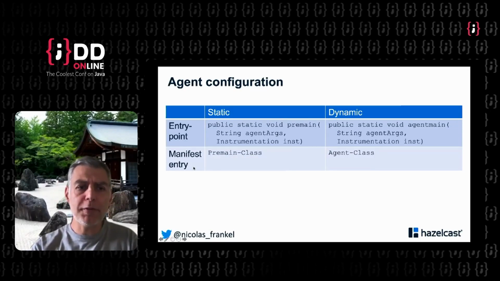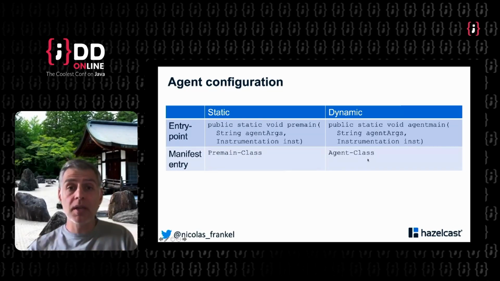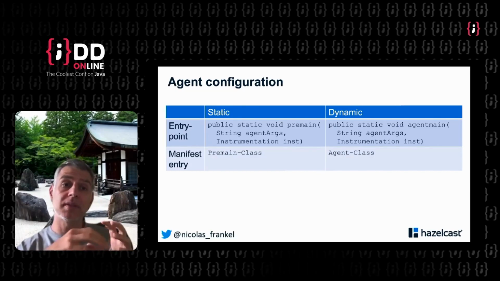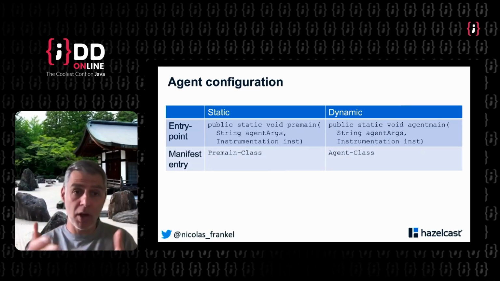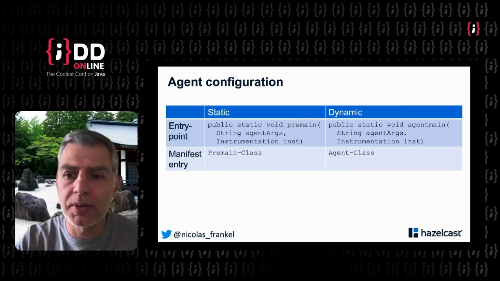And in the manifest.mf, for a static agent you have the Premain-Class, and for the dynamic agent you have the Agent-Class. And of course, nothing prevents you from having an agent that can be used both statically and dynamically, if you have both methods and both entries in the manifest.